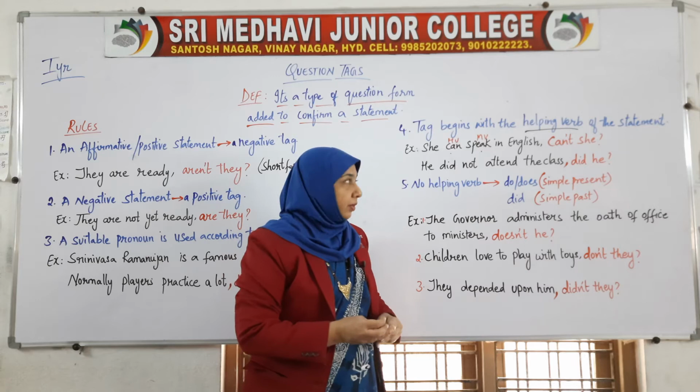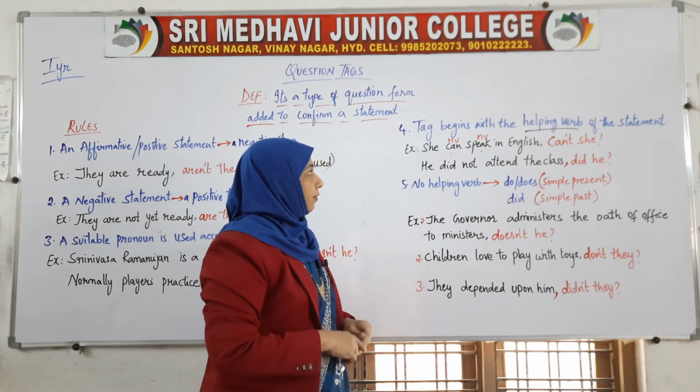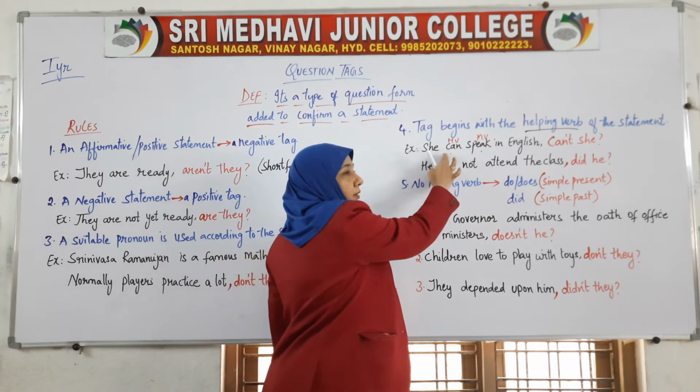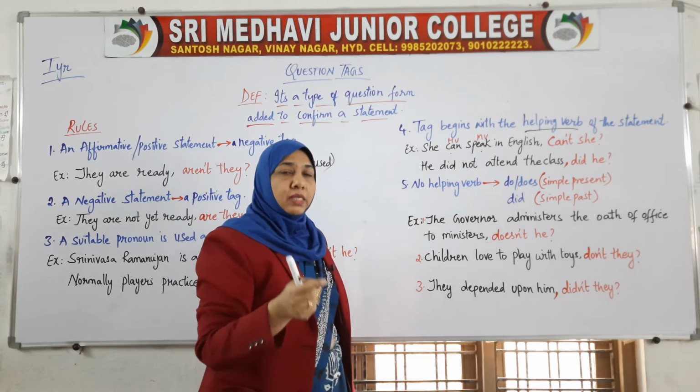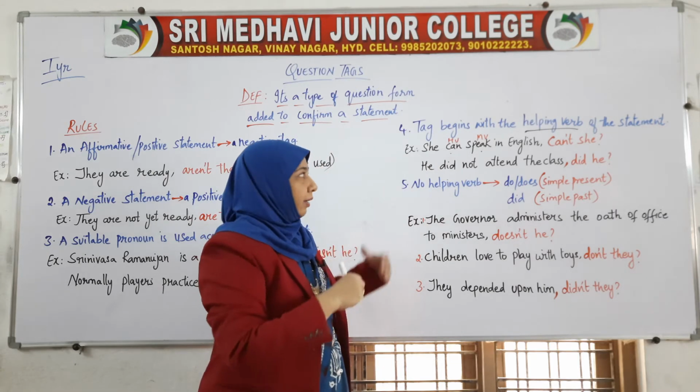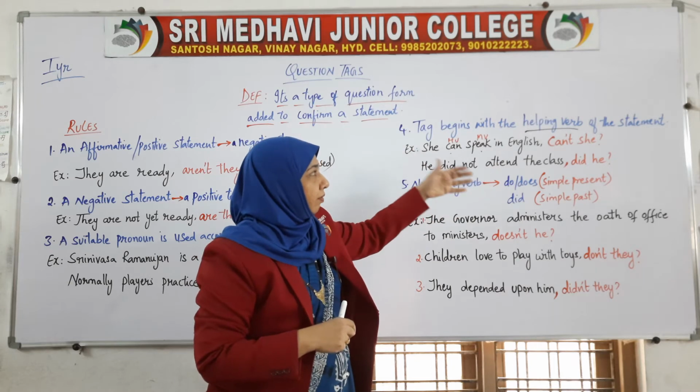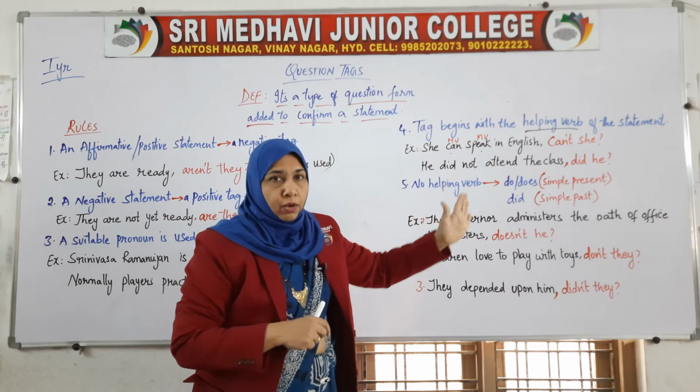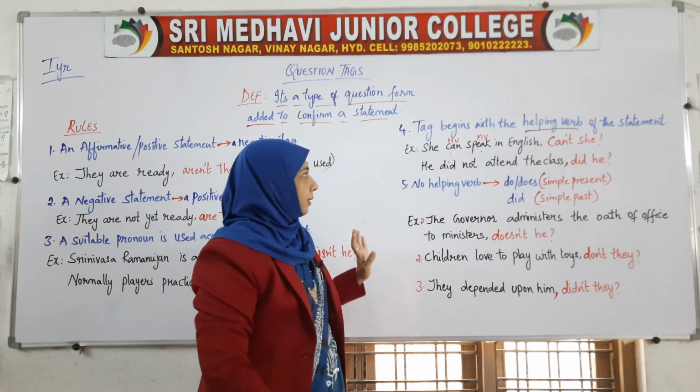So always remember, if you see the helping verb, use the same helping verb: if the statement is positive use the negative, if it is negative use the positive for the question tag.